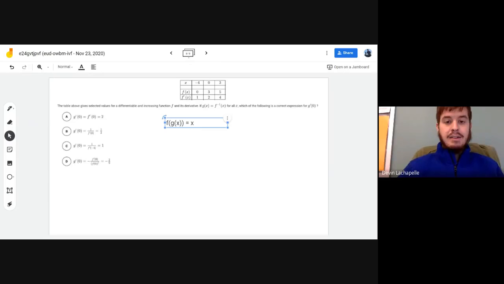So let's go ahead and take the derivative of both sides. The derivative of f of g of x, following our chain rule, is going to be the derivative of our outer function, so f prime with respect to our inner function still, so f prime of g of x, but then we need to multiply by the derivative of our inner function, so g prime of x.